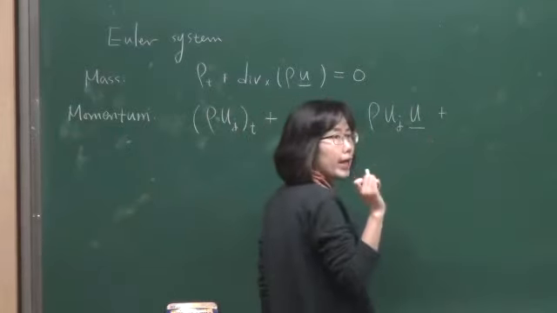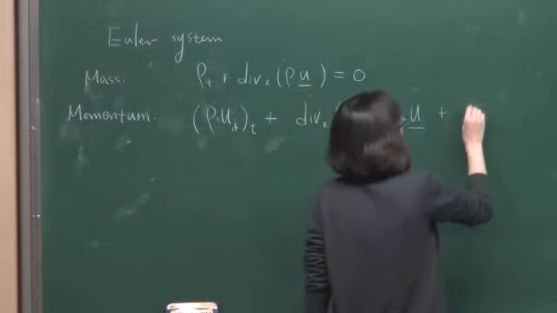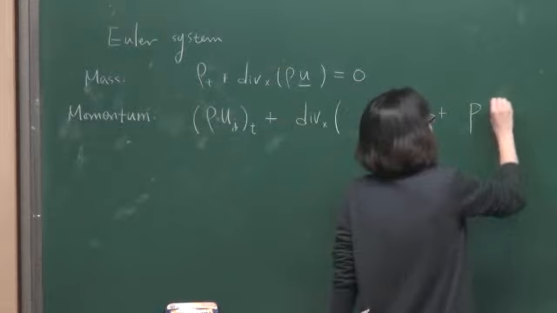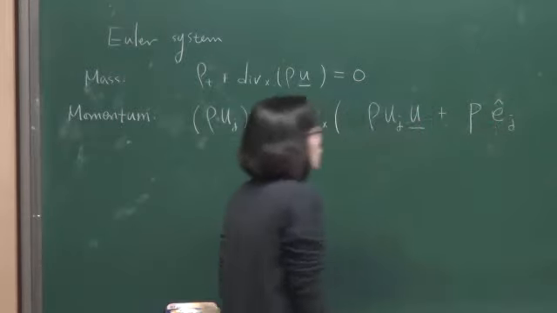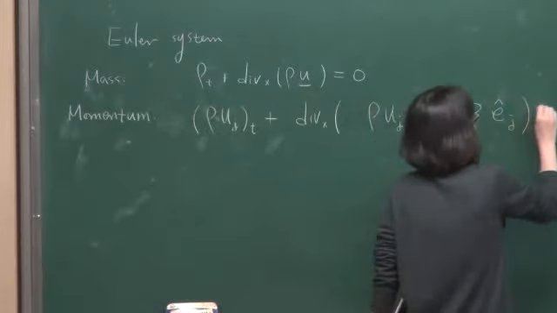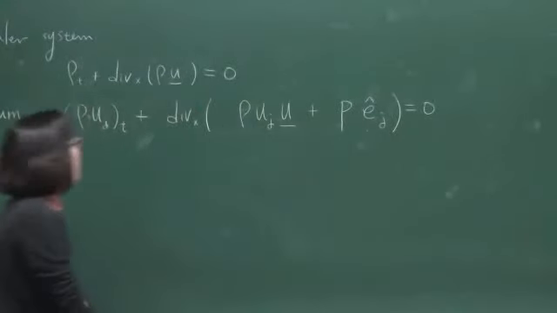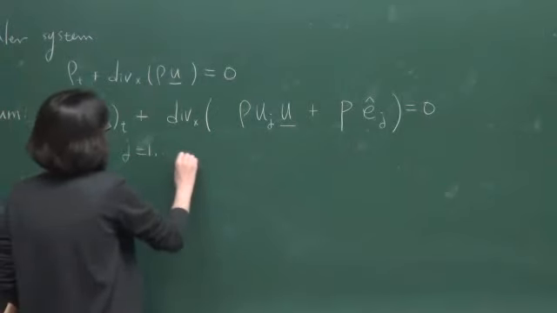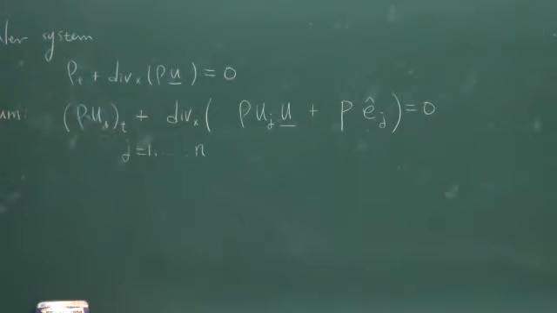Okay, so the microscopic interaction, you have here P times e_j, where P is the pressure, and e_j is the unit vector in the j direction. So this is the momentum equation, and this must hold for j equals 1 to n. Right? Okay. So now you already have n plus 1 equations, right?